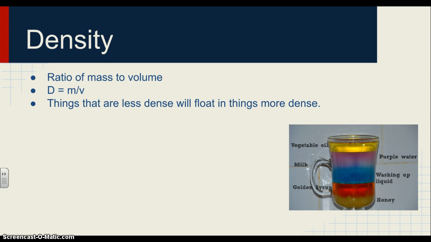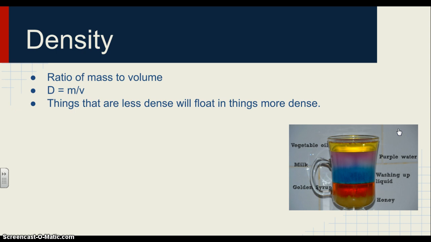One interesting thing about density is that things that are less dense will float if you put them in something that is more dense. Over here on the right, you've got liquids separated in terms of density. The things that are most dense have sunk to the bottom. The things that are less dense have floated to the top.